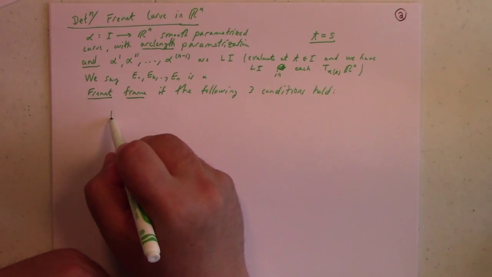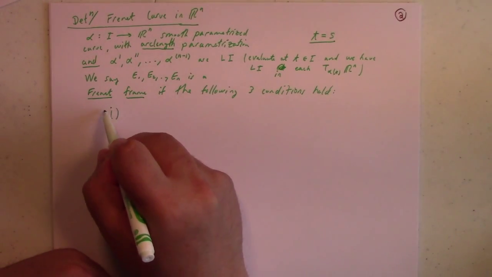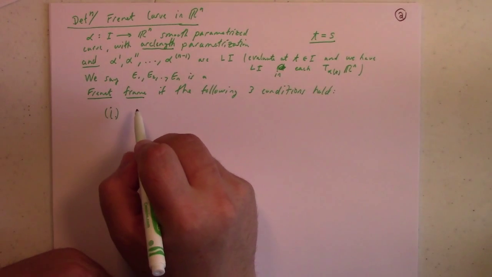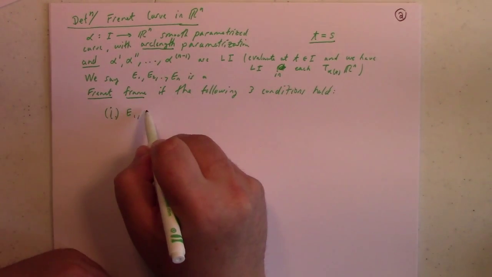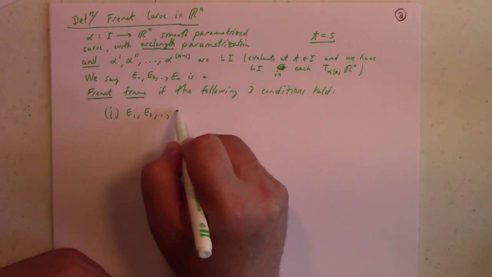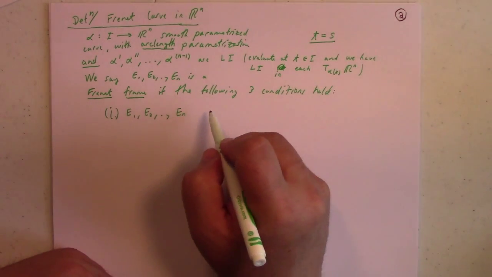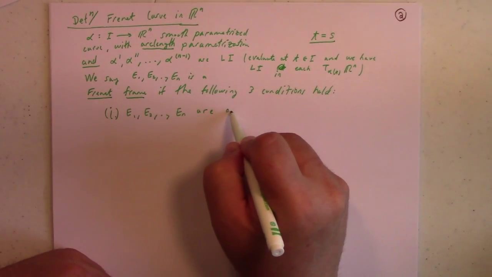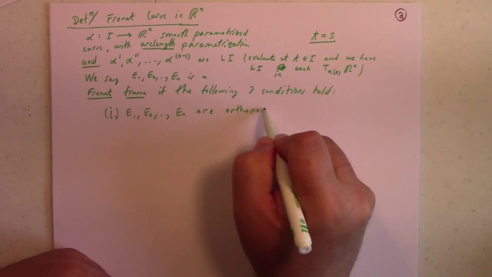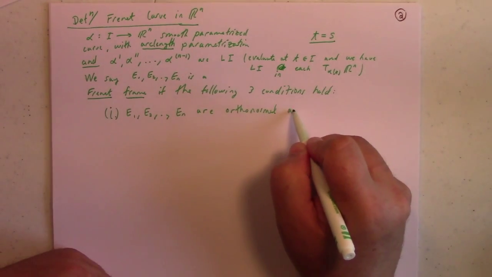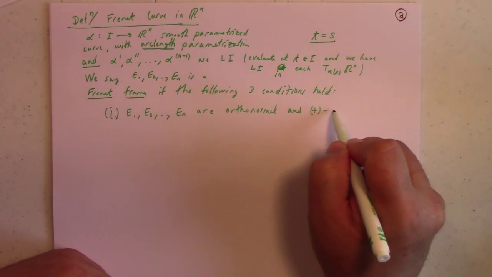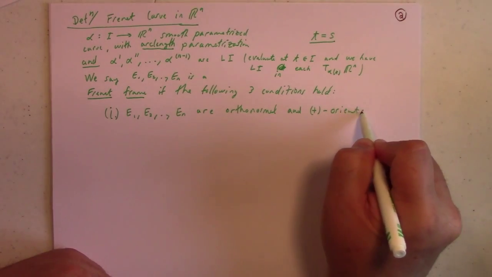So 1, you need that E1, E2, ..., En are orthonormal and positively oriented. All right.